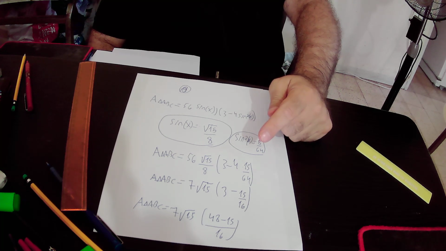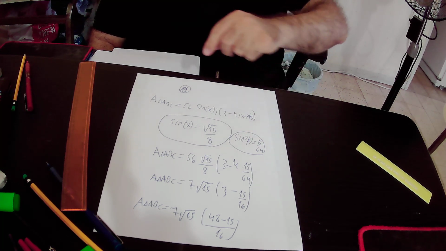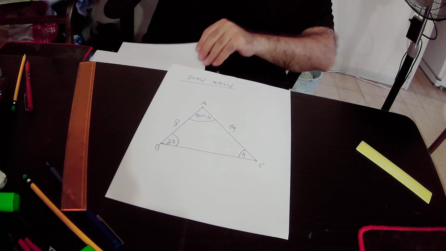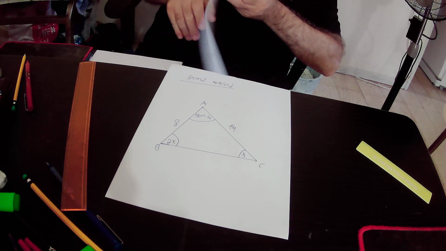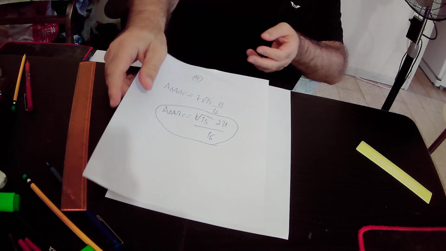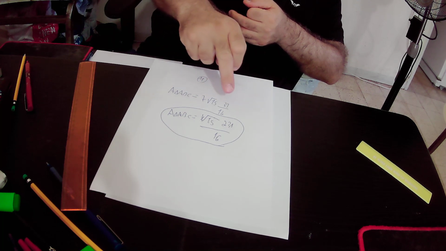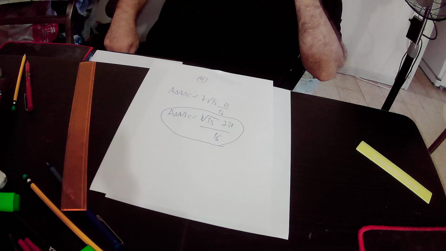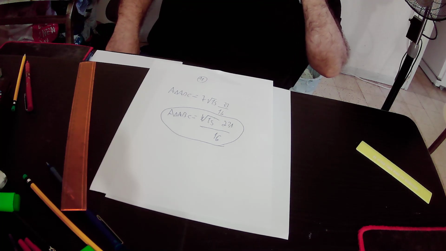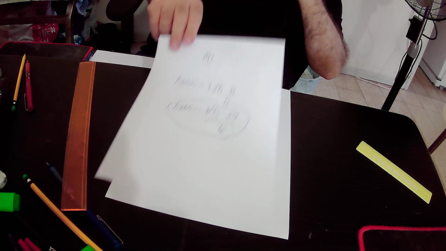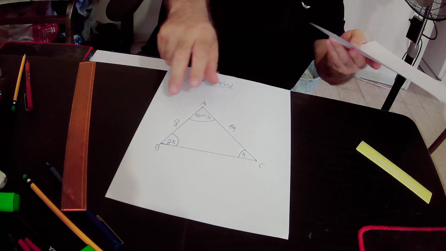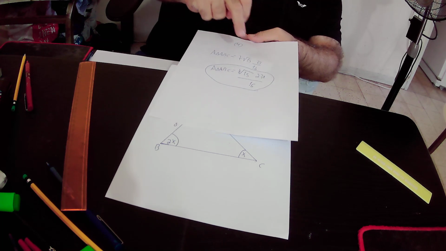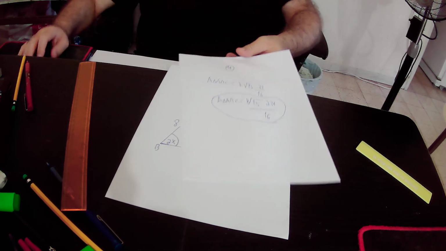So we solve this simple equation, and we get that the area of triangle ABC equals root 15 times 231 over 16 square units. Again, the area of this triangle ABC equals root 15 times 231 over 16 square units. Okay, thank you very much.